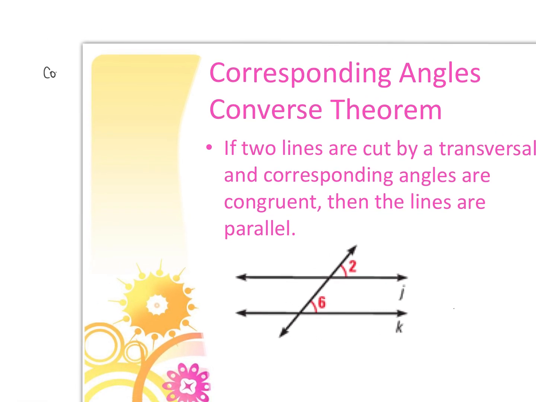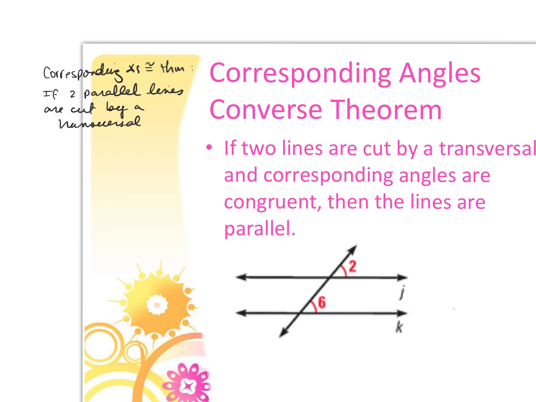We had a theorem that said corresponding angles congruence theorem. And the original theorem said if two parallel lines are cut by a transversal, then the corresponding angles are congruent.